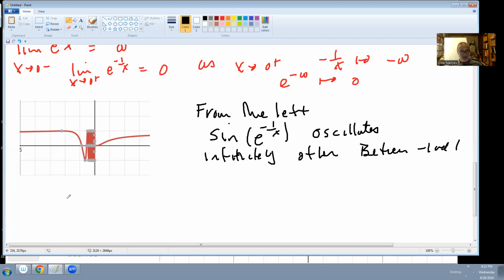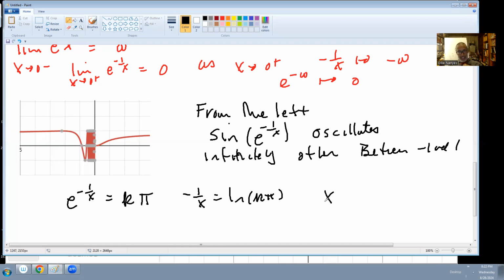So for example, if we set e to the minus 1 over x equal, let's say, to an integral multiple of pi, k pi, where k is an integer, taking the log of both sides and then solving for x is not going to be that bad.